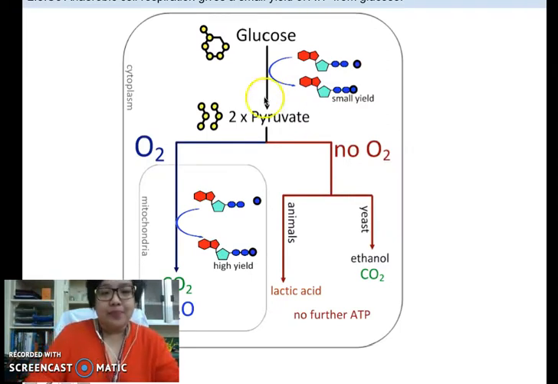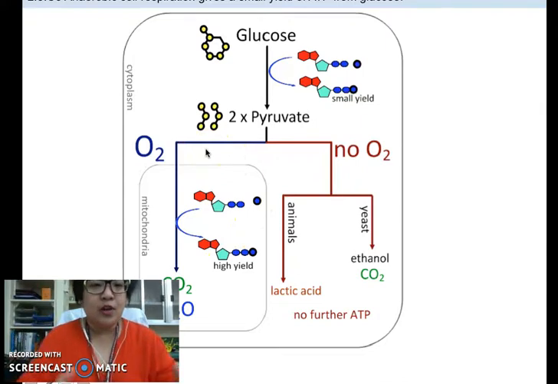All right. Now, as mentioned, there's two types of cellular respiration. If there's oxygen present, it's called aerobic cell respiration. It happens in the mitochondria. If there's not enough oxygen inside the cell, then pyruvate will continue into anaerobic cell respiration. In animals, we form lactic acid.